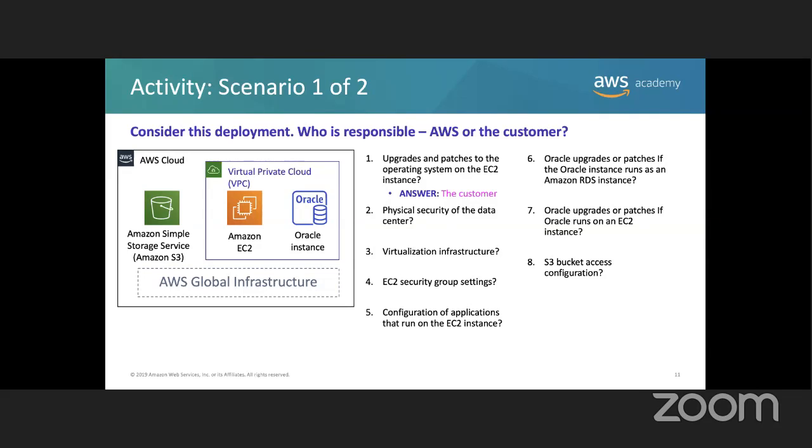Physical security of the data center. Who is responsible for that? AWS, right? Virtualization infrastructure. Who is responsible for that? AWS. Good. EC2 security group settings. The customer. Good.